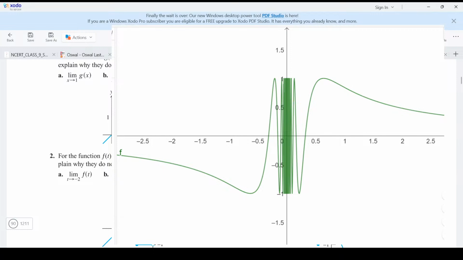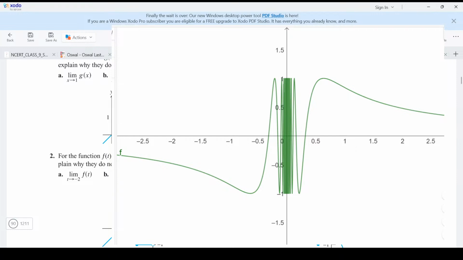What is the value of y when x is 2.9? It is 0.1, not 0.9. That's what we have to be careful about. This is 2.9, this is 0.1. At 2.8, this is 0.2. This is 0.3. This is 0.7. This is 0.9.